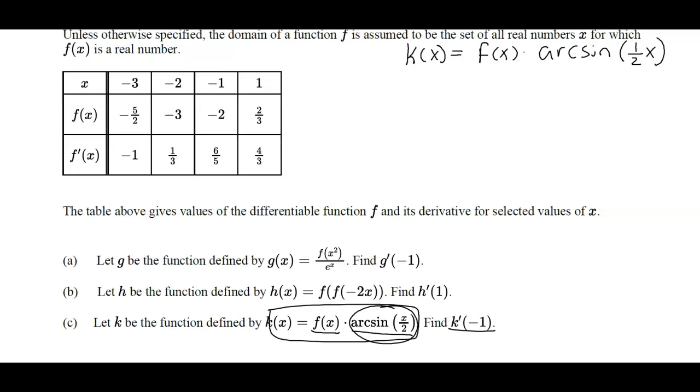All right, so let's find our derivative. Product rule.